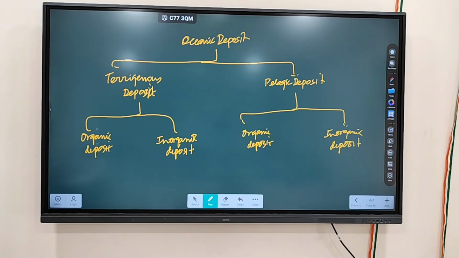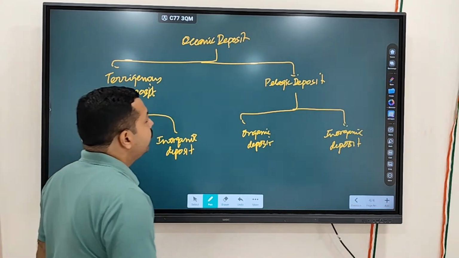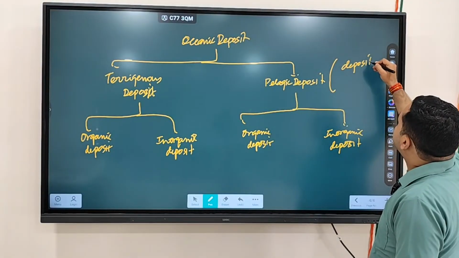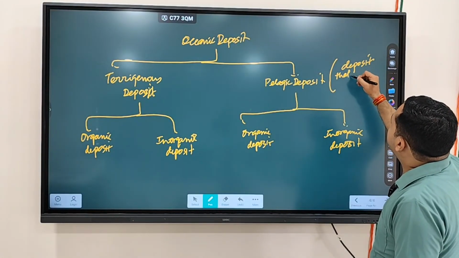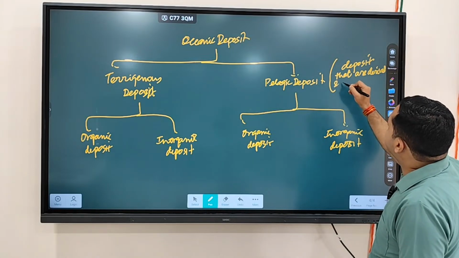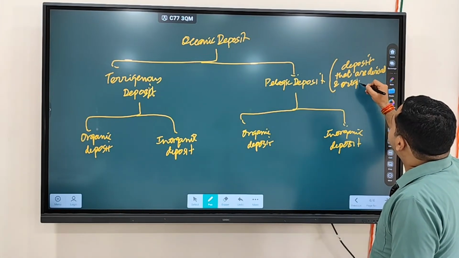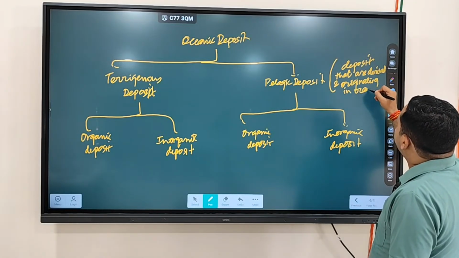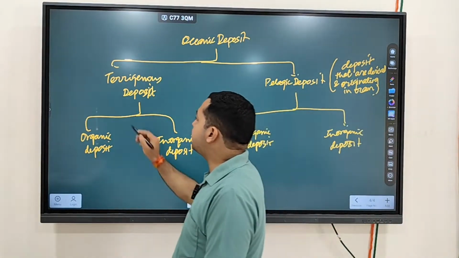Clear? So what is a pelagic deposit? We discussed deposits that originate in the oceans, deposits that are derived from and originating in the oceans. What is a terragenous deposit?